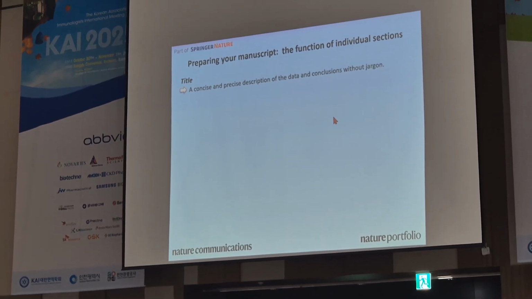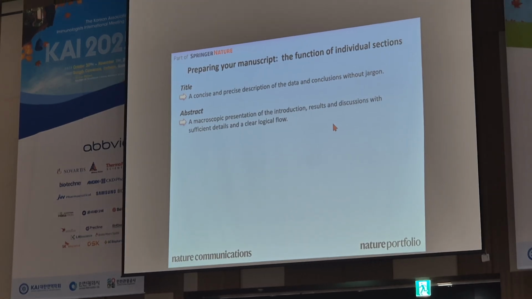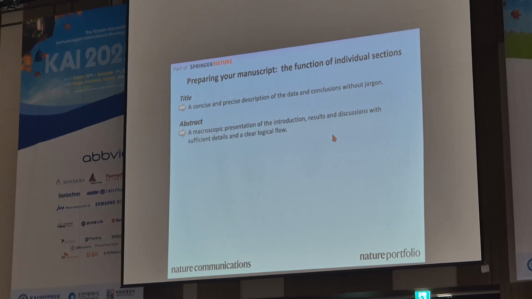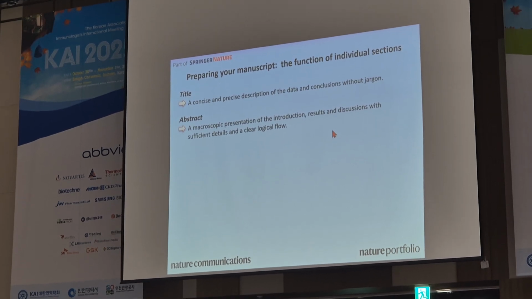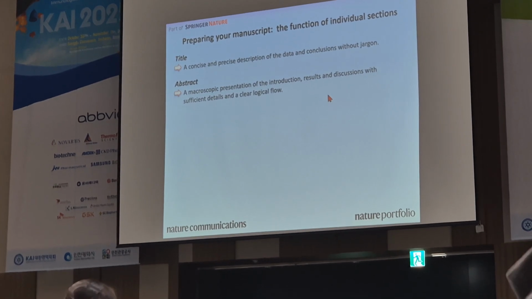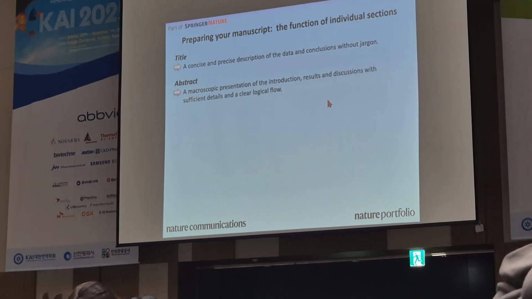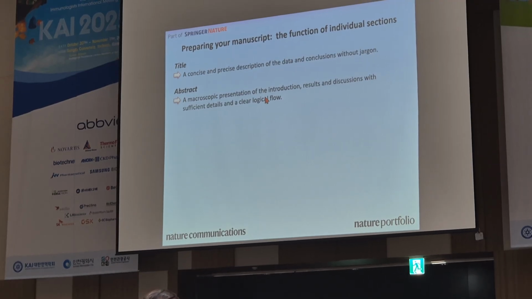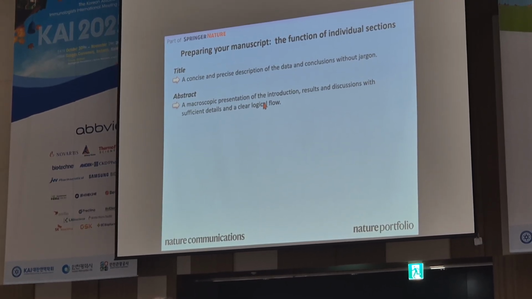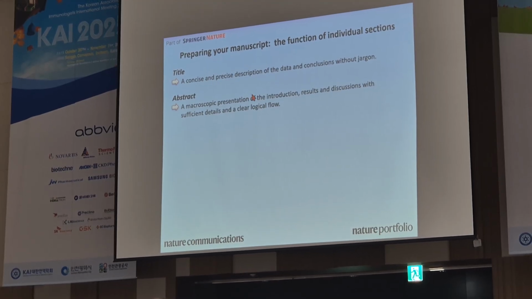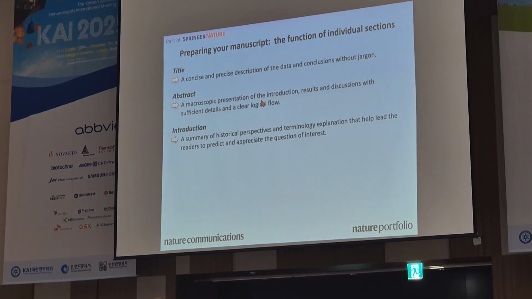But you can start by writing a good abstract, because an abstract is just like a mini paper, where you should provide a microscopic presentation of introduction, results, discussion, everything with sufficient detail, and then have a clear logical flow, so that whoever reads your abstract knows exactly what to expect in the paper. So if you can write a good abstract, all you have to do is take it a step further, condense it to 15 words, and there you have a very nice title.